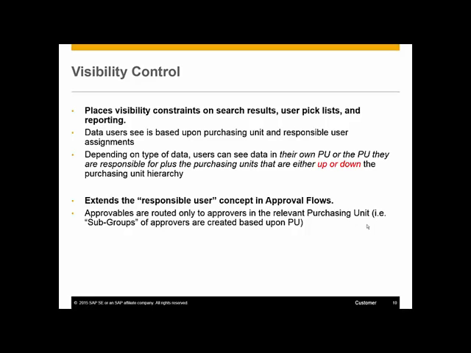So oftentimes customers do want to have access to multiple purchasing units, and it can be done in this manner. As I said before, purchasing unit extends the responsible user concept in approval flows. We'll go through a slide on how that works, but basically based on the group that you're assigned to, it can route to different people based on purchasing units.